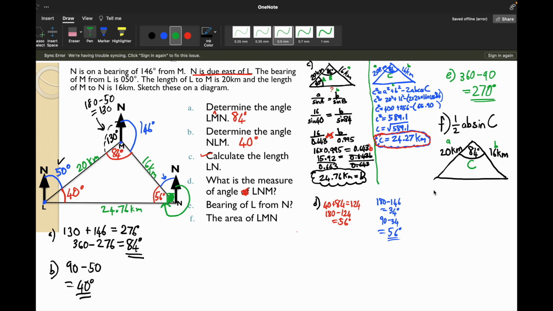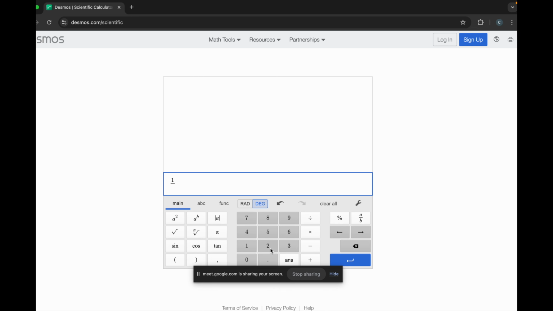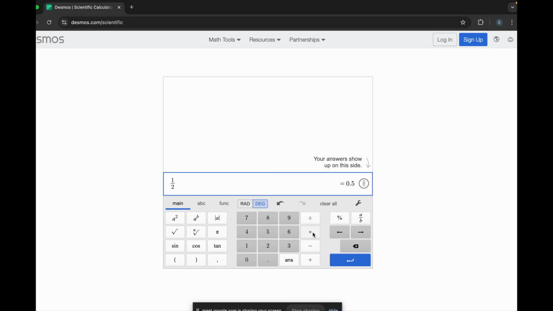So what I would say here is half AB, so half times 20 times 16 times sine 84. So that would be 1 divided by 2 times 20 times 16 times sine 84.